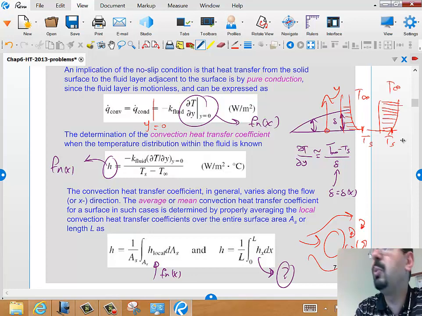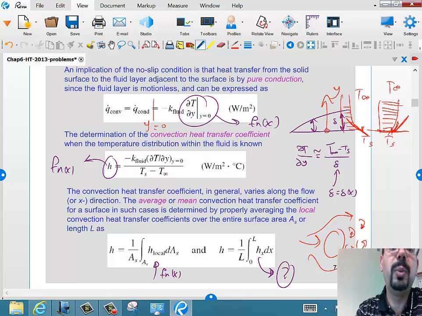But there will be a temperature profile like this. And that gradient, that partial T, partial y, the slope of that line at the wall multiplied by minus k, that is Q conduction per unit area. Area normal to the Q, right?